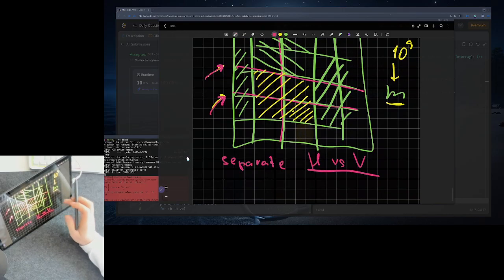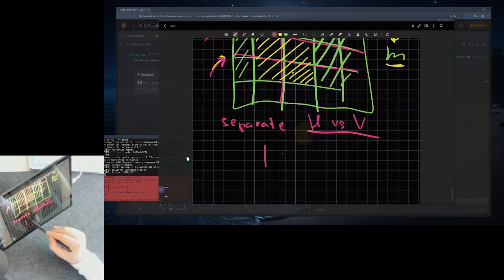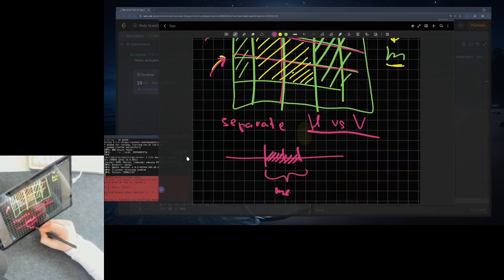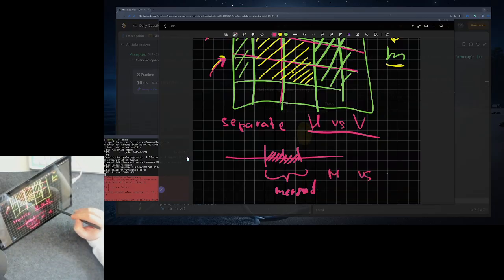And after you find the consecutive intervals of horizontal bars or vertical bars, you just know that there are some lengths that are merged for the horizontal and the same for the vertical bars.